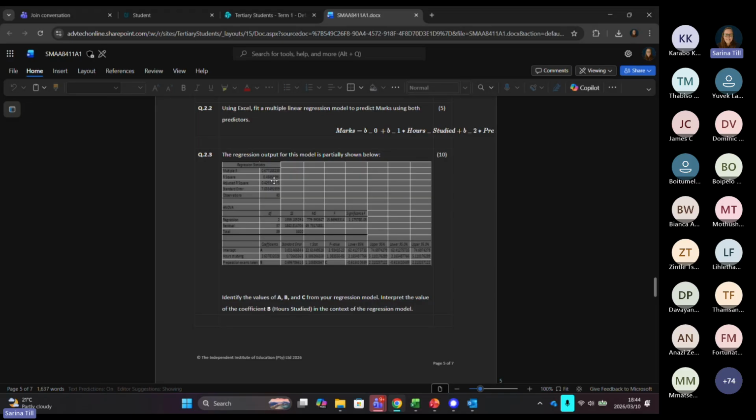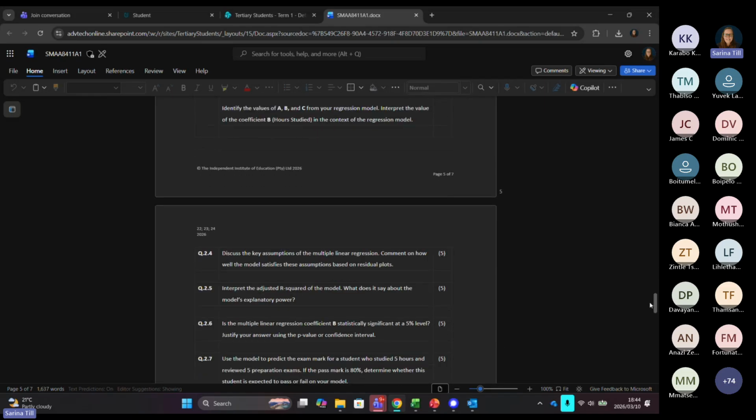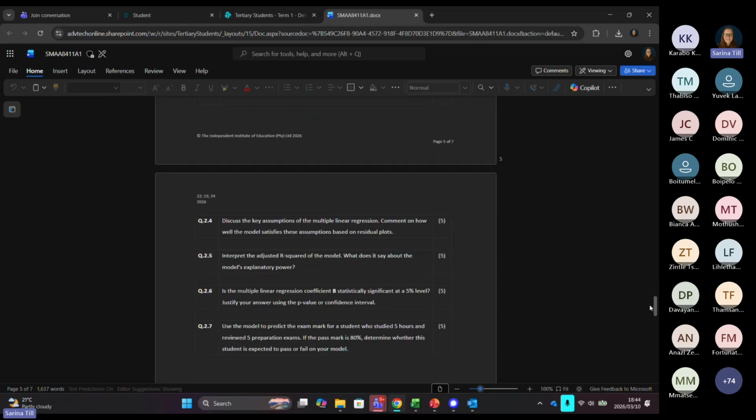But if it's low, it's only like 42% of the cases where we're able to predict your mark. So they want you to interpret that nicely and say what it means. Is this a good model? If we have above 70%, where we can correctly use the model to predict values, then it's a good model.